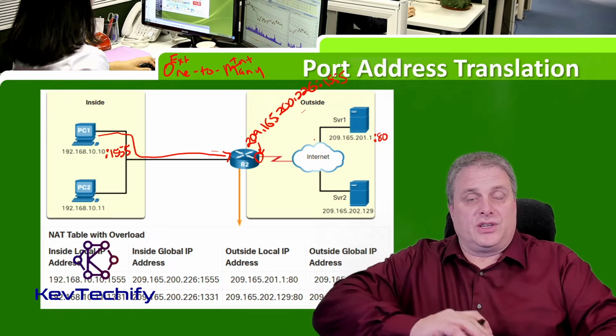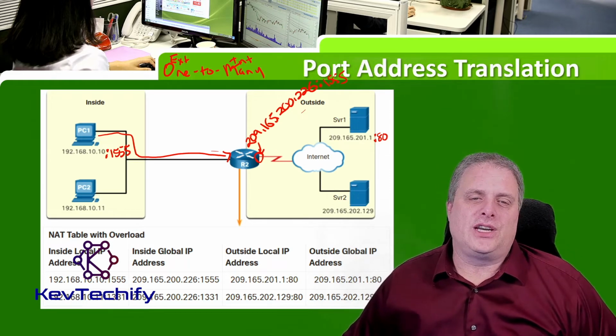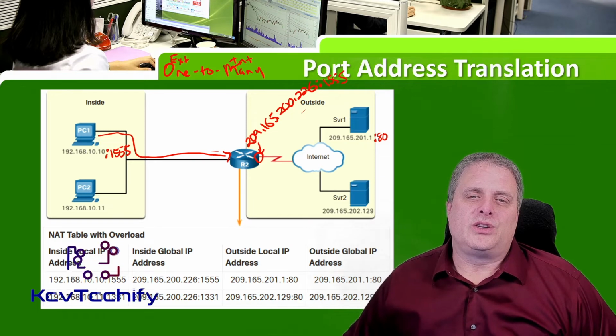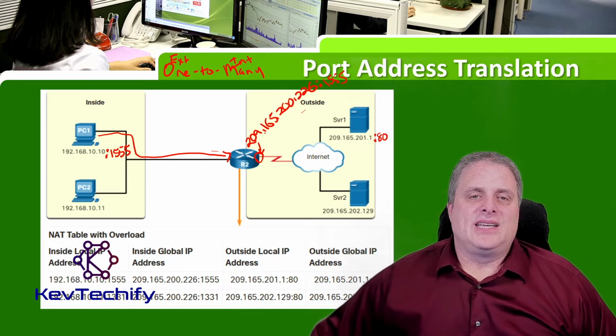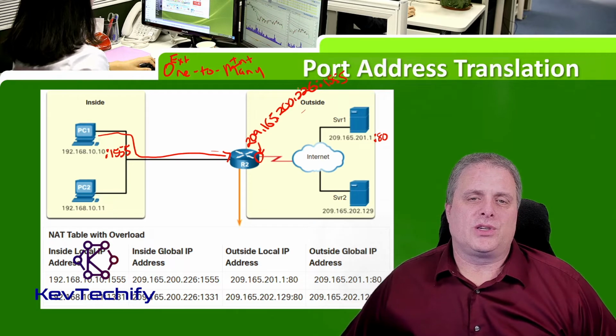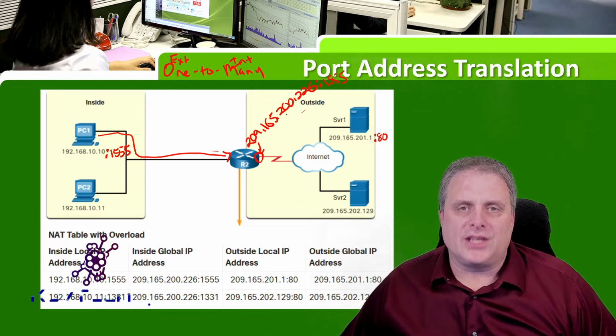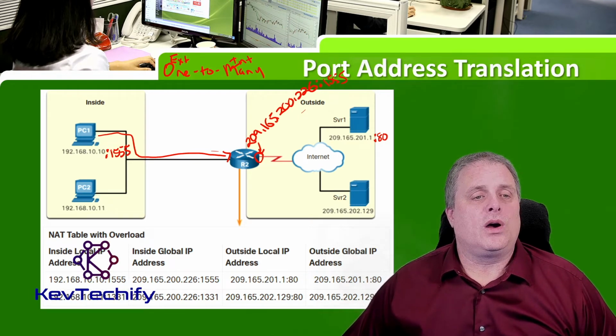So then it inverts the source and destination. It routes it back to this IP address here, 209.165.200.226:1555. R2 gets that in there, and it sees that we made a request to this web server at this address on this port. It checks its network address translation table, and it finds out it came from PC1 on this port.